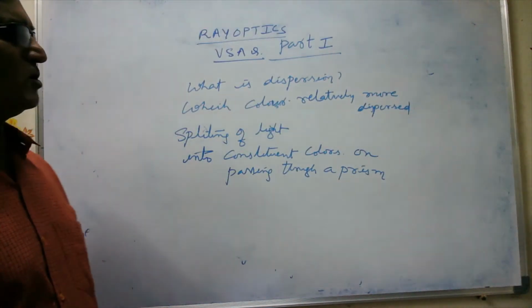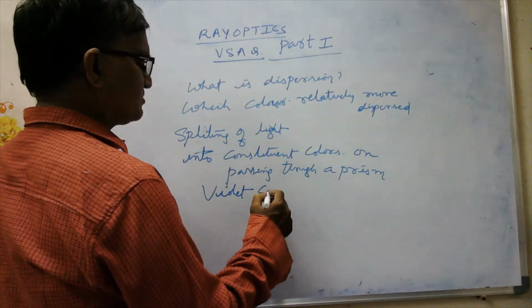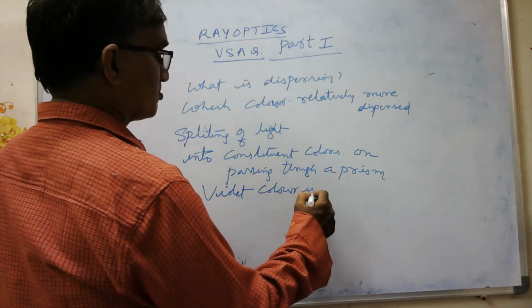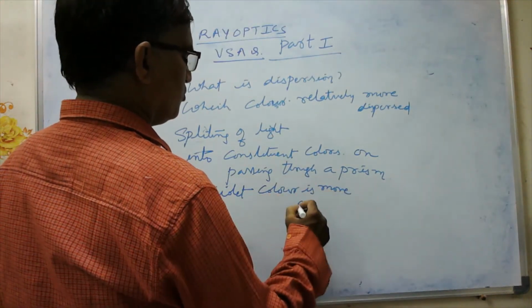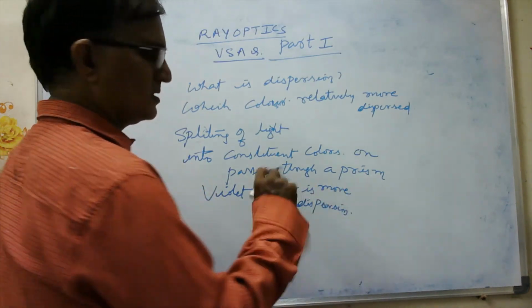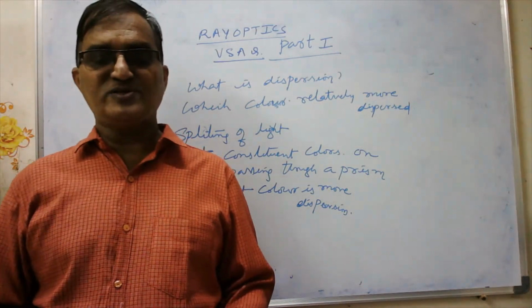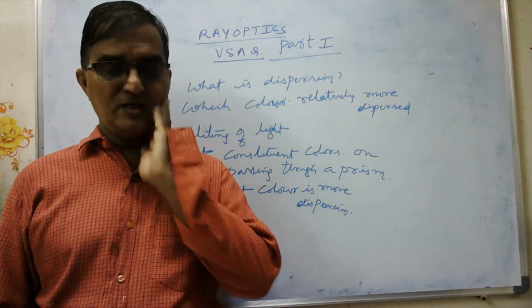So the violet color is more dispersed. Dispersion is more for violet. The violet color is getting more dispersed. So these are the questions in Ray Optics. Next we continue.